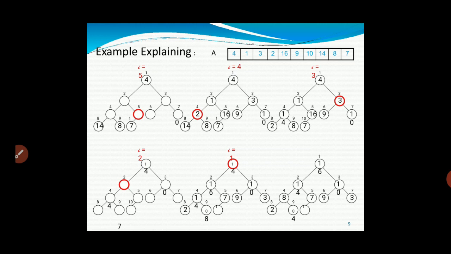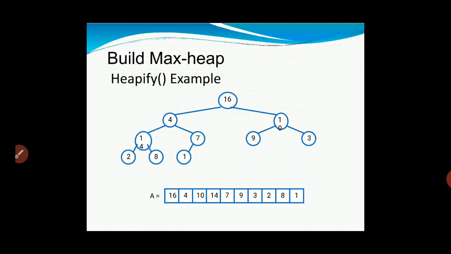Then for i equal to 2, the second position is 1, and the first position is 4. After that we have to heapify these values, and we will discuss that in the next slides. So, build a max heap.